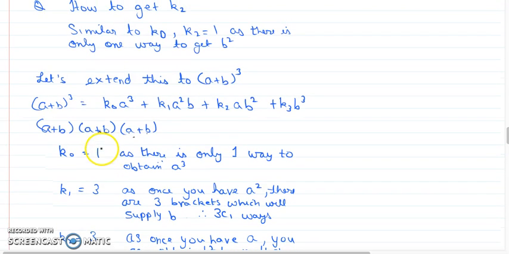So once you have selected an a, doesn't matter where you select it from, how many ways do you have to select the b in terms of combinations?